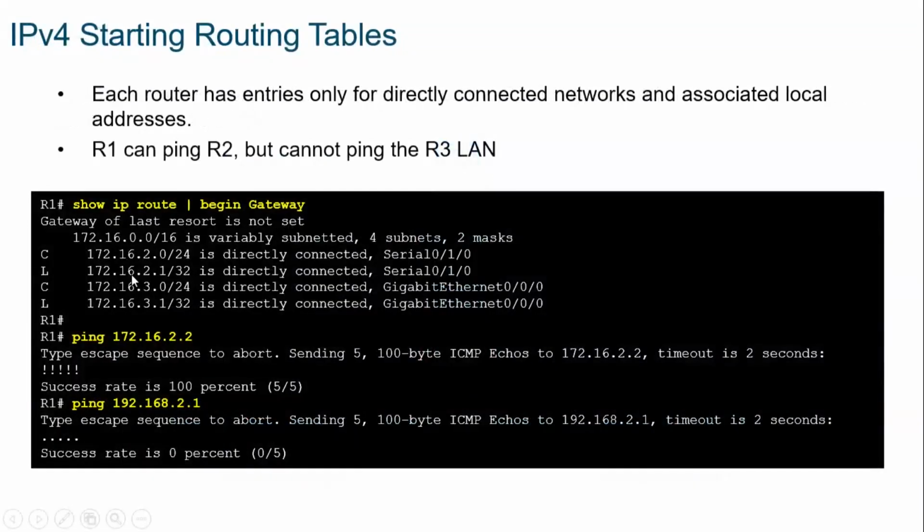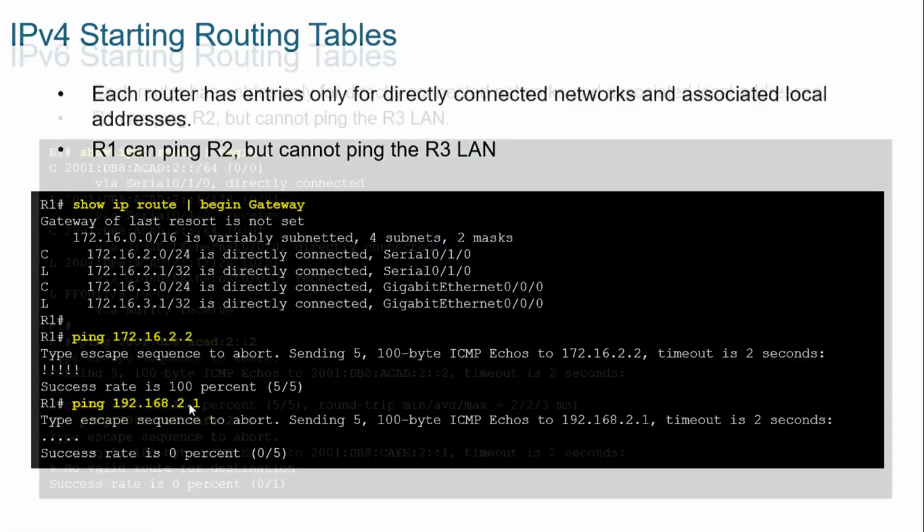So you see there, 2.0, 3.0, and the local address for that network. So if you try to ping 172.16.2.2, the ping is successful. See, success rate is 100%. But when you try to ping 192.168.2.1, the success rate is 0. The ping is not successful. Where is 2.2 and where is 192.168.2.1?